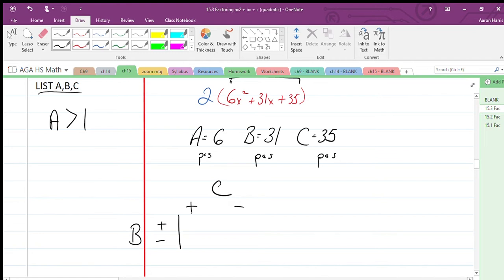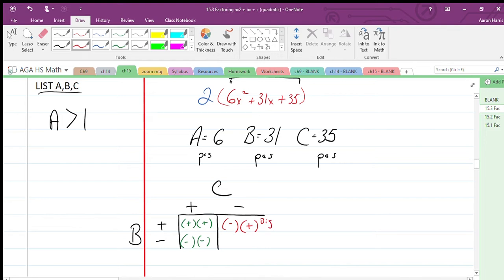So we had this little graphic organizer that made my life easy. I knew that if C was positive and B was positive, my answer was going to be positive, positive. If C was positive and B was negative, I was going to get negative, negative. If C was negative and B was positive, then C would be negative times a positive with the bigger number being positive.